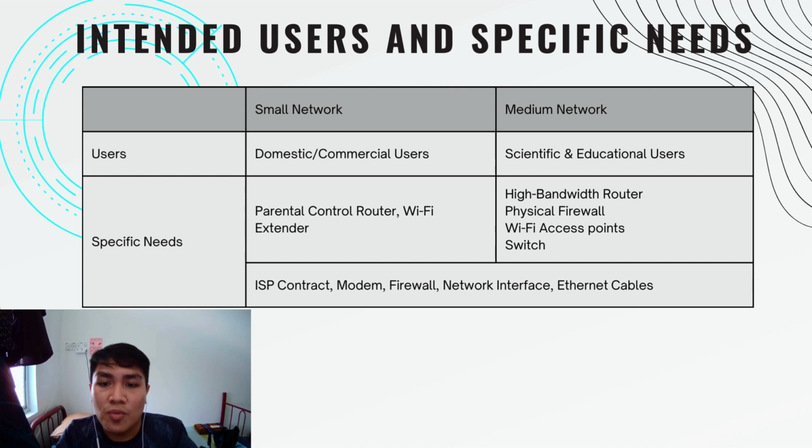Okay. And then for the media network, the specific needs are a high bandwidth router, a physical firewall, a Wi-Fi access point, and a switch. High bandwidth router means not the commercial use, but more like industrial use, the ones with many ports, or many accesses to allow devices to connect to.